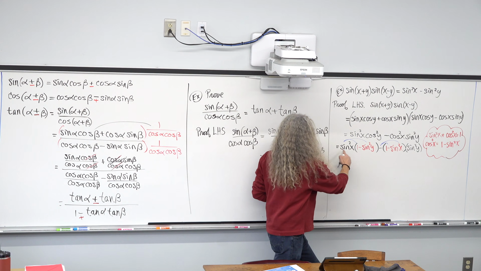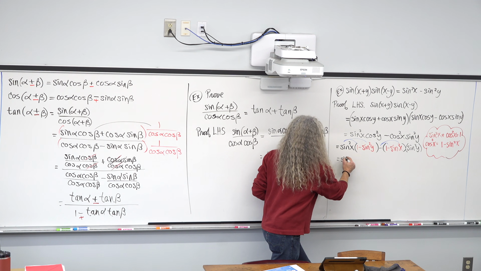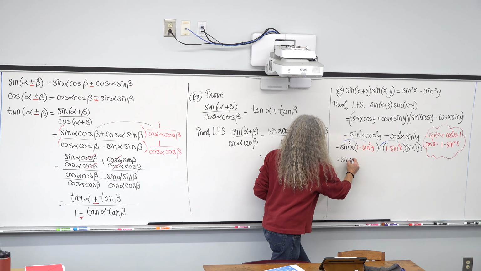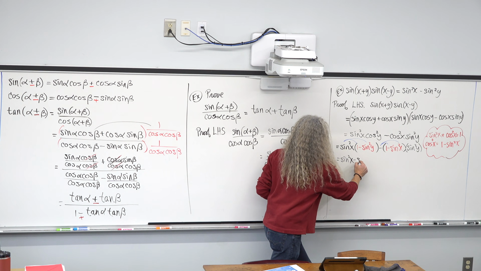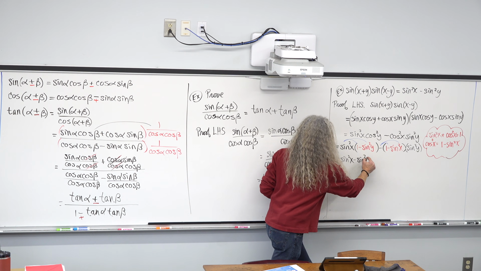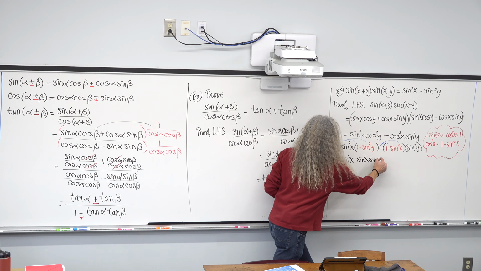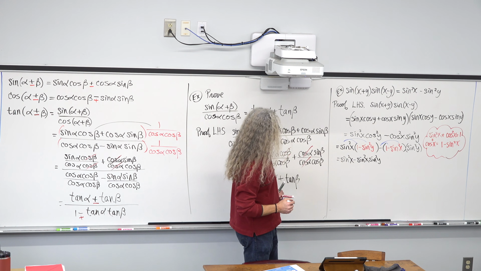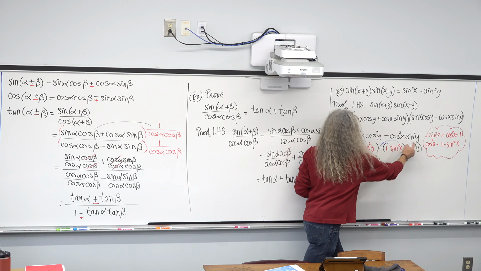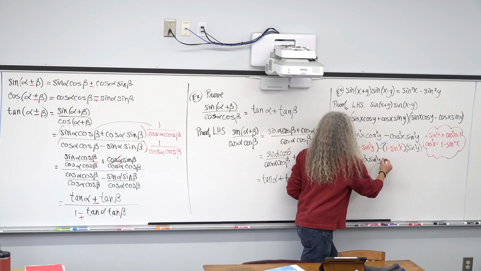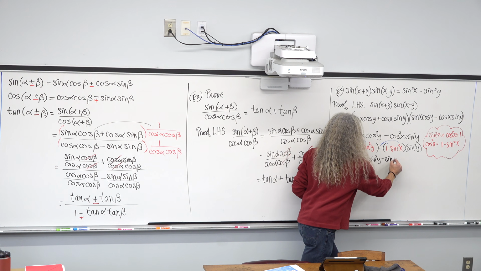So we have sine of x squared times 1 is sine of x squared. And then minus sine of x squared times sine of y squared. Okay, now negative sine of y squared times 1 is negative sine of y squared.